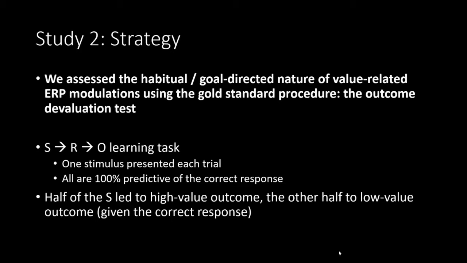Now we have our participants doing again a stimulus-response-outcome learning task, but now we presented just one stimulus in each trial. All the stimuli were perfectly predictive of the correct response, so the design is simpler. And again, obviously, we manipulated the value of the outcome because we are interested in this reward-related bias.